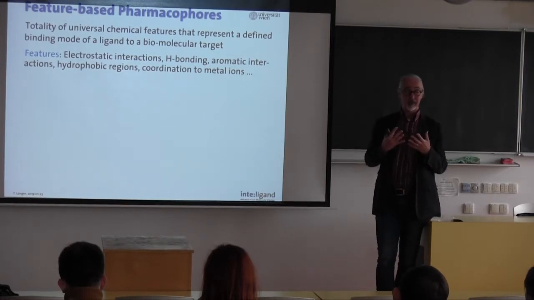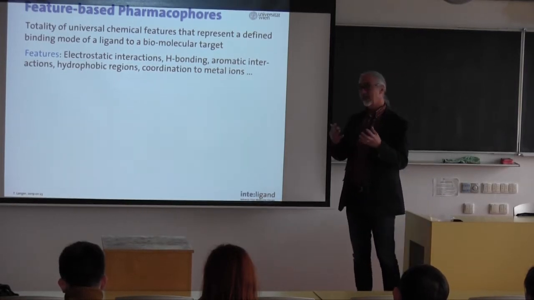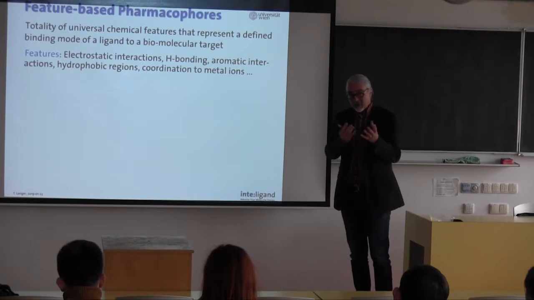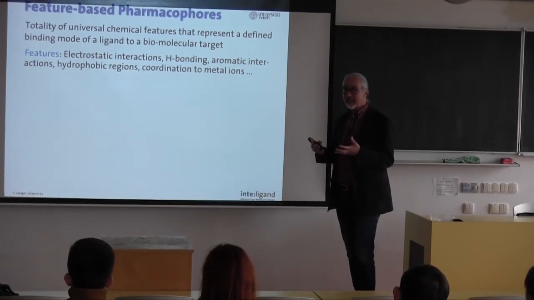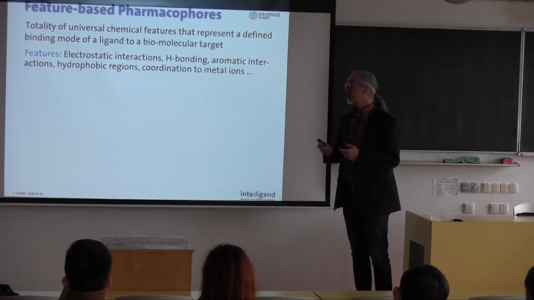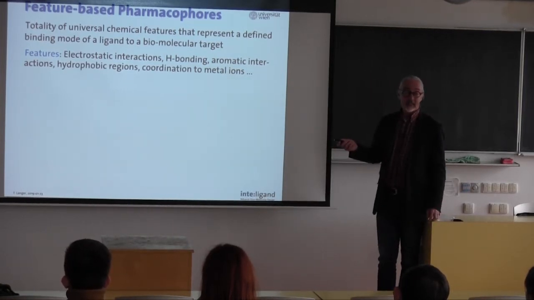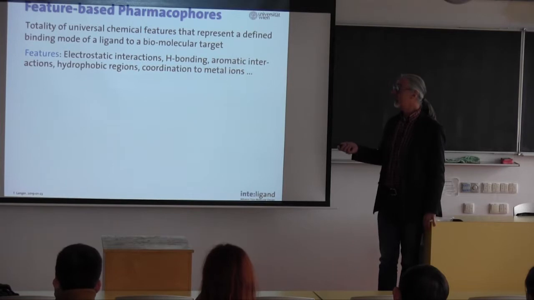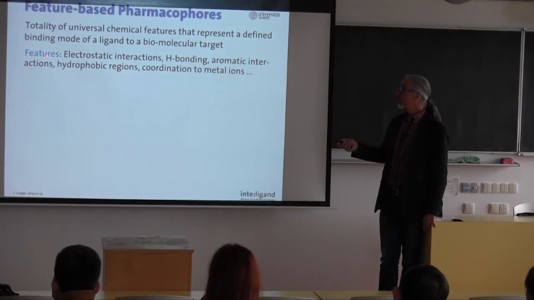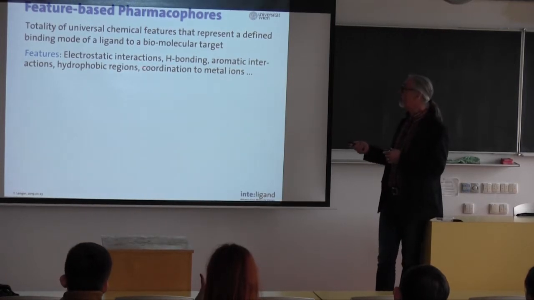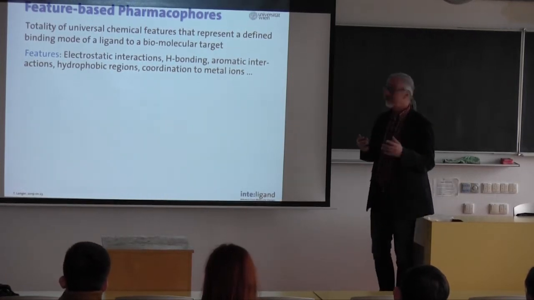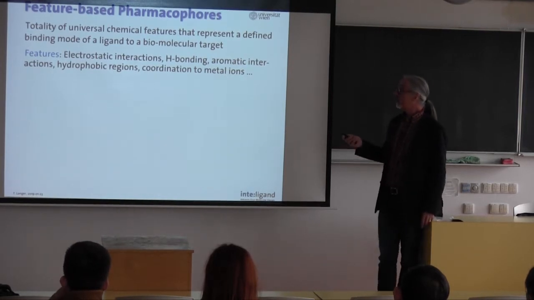Normally when we think about drugs, we think about a small molecule, a drug molecule, and some protein, DNA or RNA that this molecule will interact with. The forces driving these interactions are electrostatic forces, H bonding, which is also a sort of electrostatic interaction, then aromatic interactions, which are also some kind of electrostatic interactions.